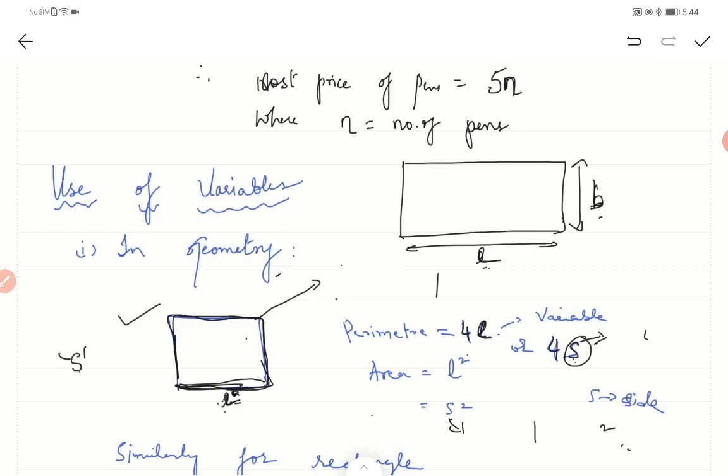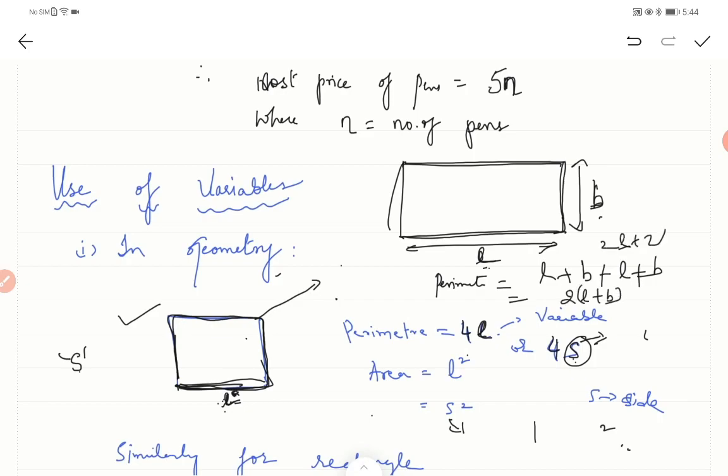So my perimeter will be L plus breadth plus again this length plus again this breadth. So your formula will be 2L plus 2 breadth. I'll take 2 as common, so it will be 2 of L plus B.